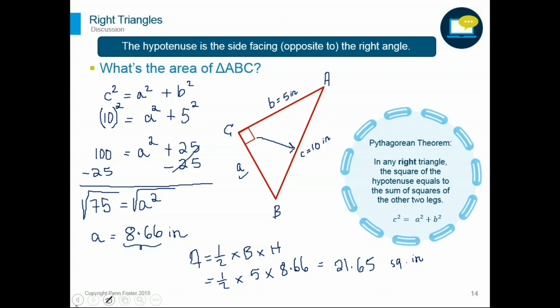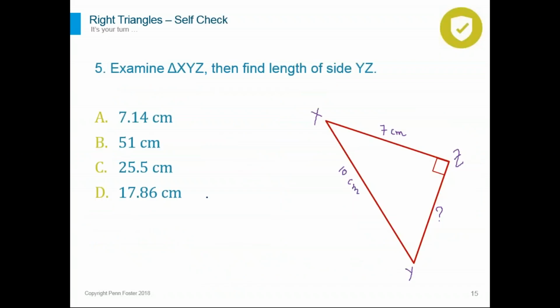Okay, let's do a self-check question on the concept of the Pythagorean theorem. Examine the triangle XYZ, then find the length of side YZ. So YZ is the one missing here. It's not asking us for the area, but it just asks us to use the givens in the figure to find the length for YZ.